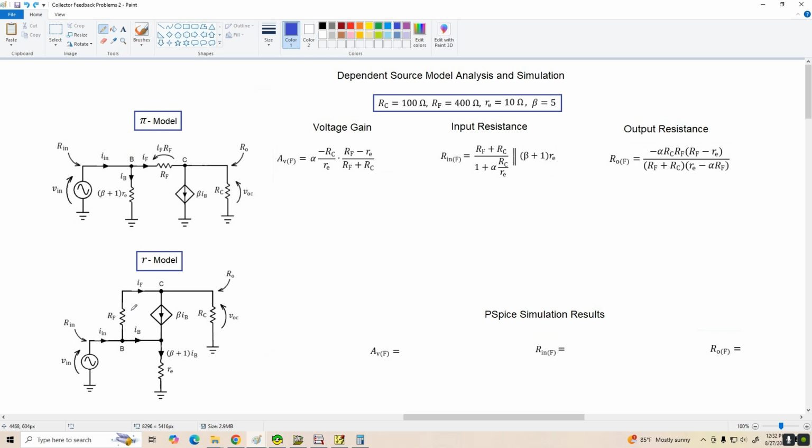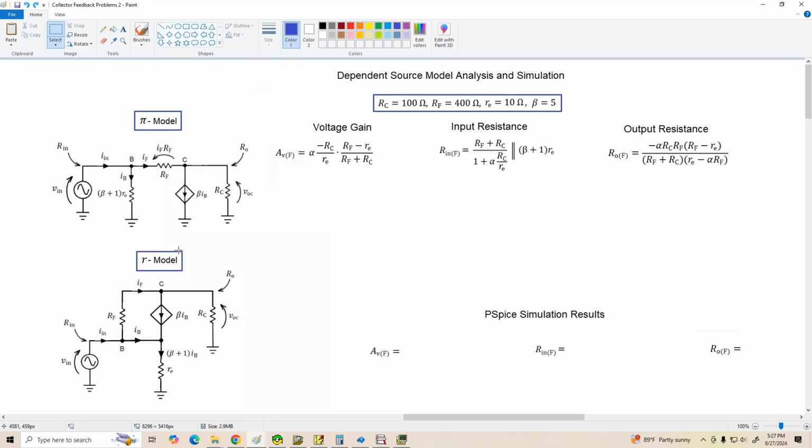I plan to simulate this with PSpice next, and I'm going to use the R model because it directly reflects the transistor's behavior. If I use the pi model, then I'm specifying this resistor as beta plus 1 times little re, and that's kind of like cheating a little bit. Down here is just little re, and we let the simulation take care of whether this equivalent resistance is valid or not.